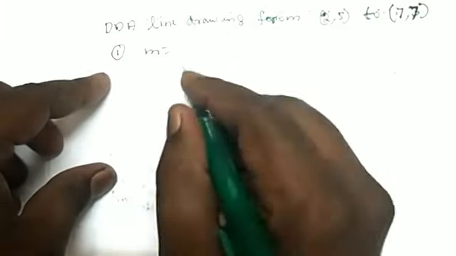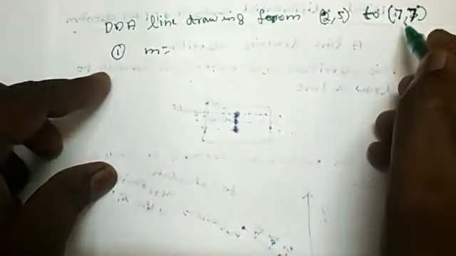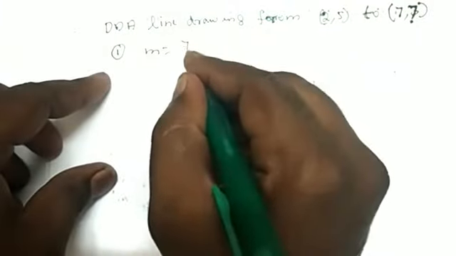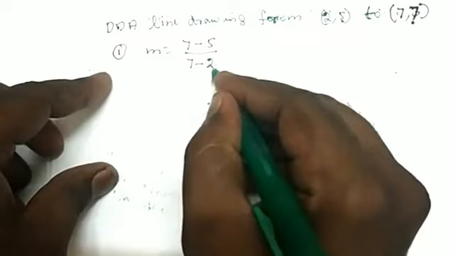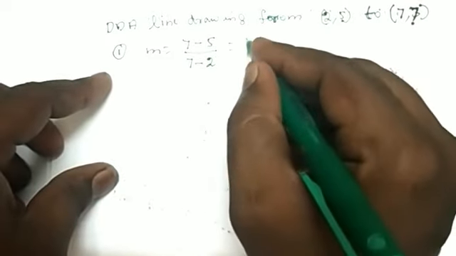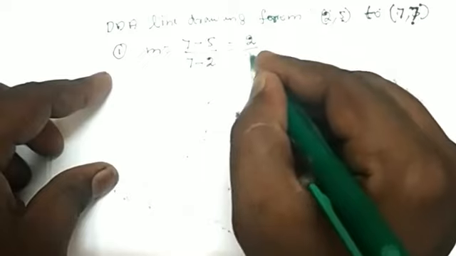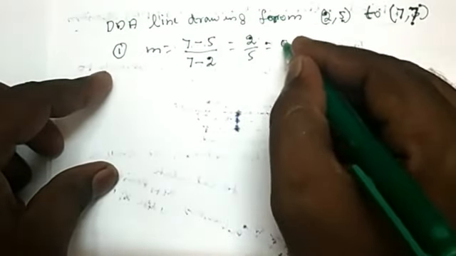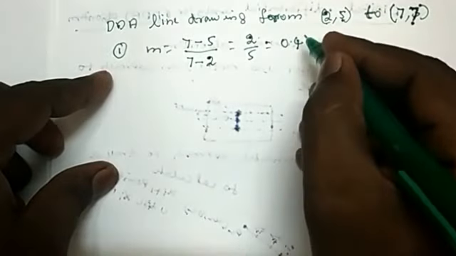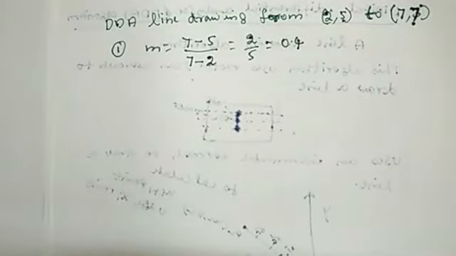You know that m is y2 minus y1. y2 is 7, y1 is 5, x2 is 7 and x1 is 2. Now when you divide 2 by 5, this value is 0.4.